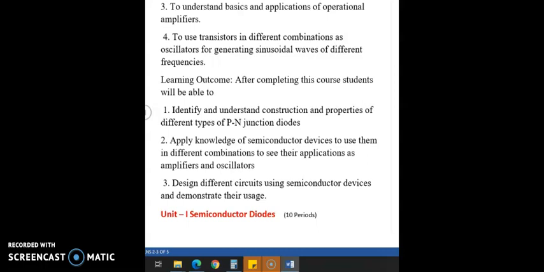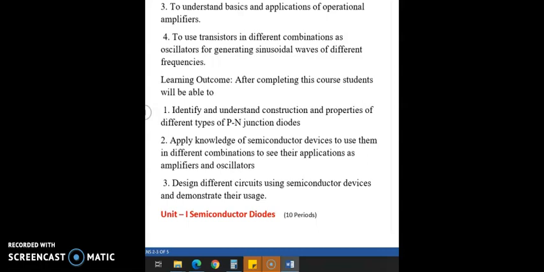Diode is a combination of two words: di stands for two, ode stands for electrodes. It is a passive component made with two electrodes, one is anode, the other is cathode, called a diode.